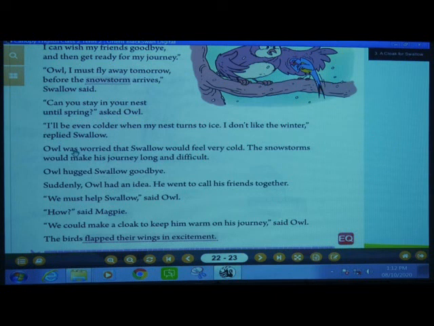Owl was worried that Swallow would feel very cold. The snowstorms would make... Goodbye.